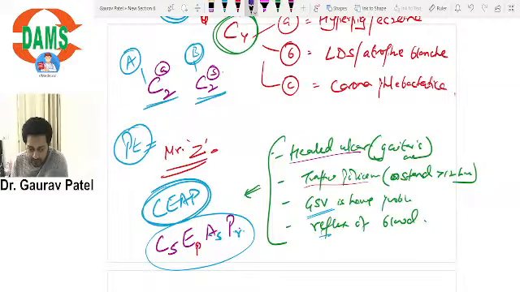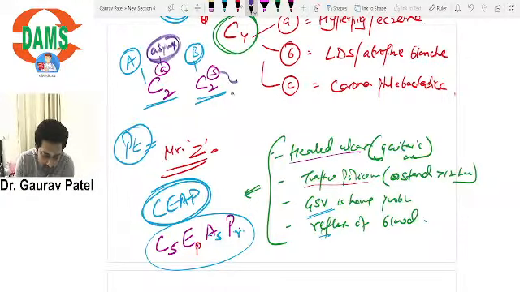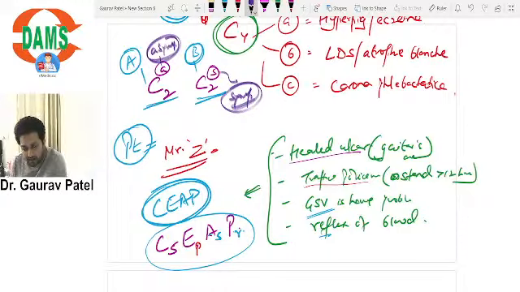Yes, very good. Patient A is asymptomatic, varicose vein but asymptomatic. Patient B is symptomatic. Both are having varicose veins only, but one is symptomatic, one is asymptomatic. Very good, very nice.